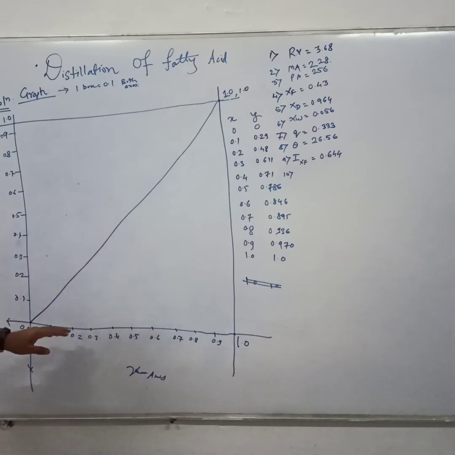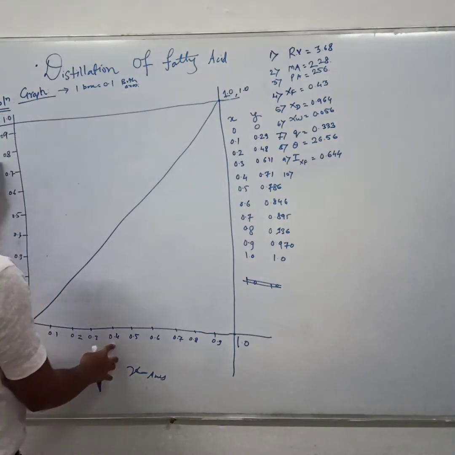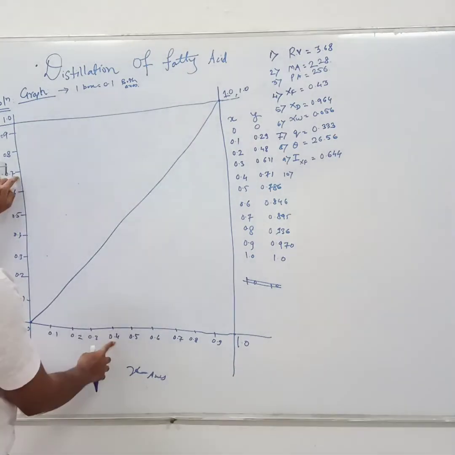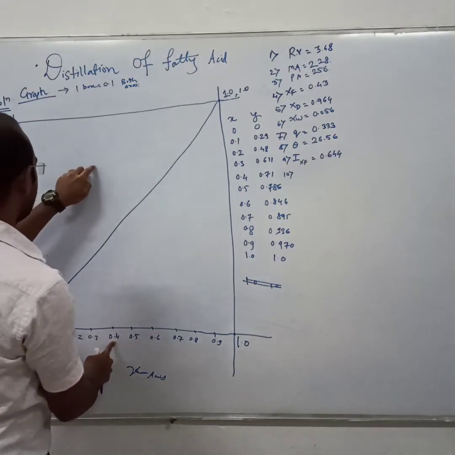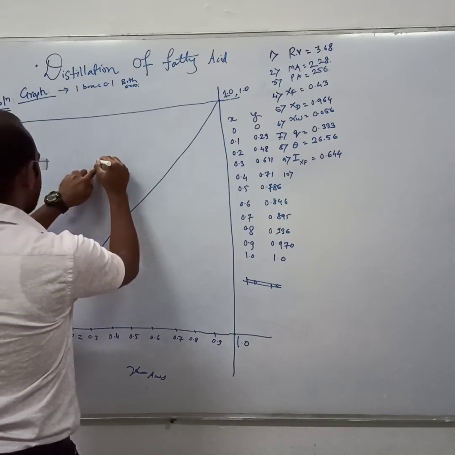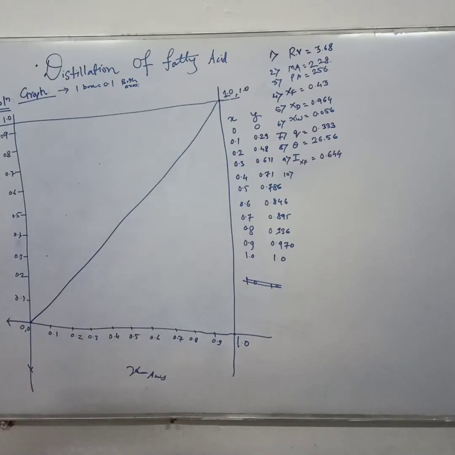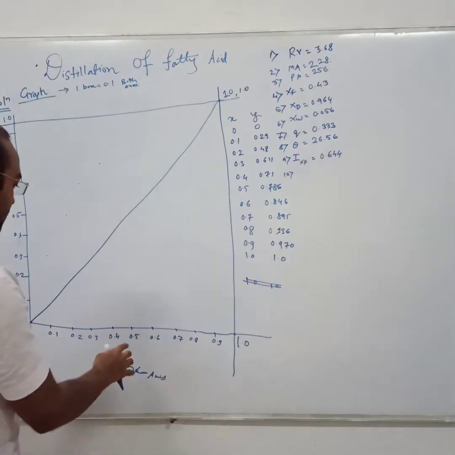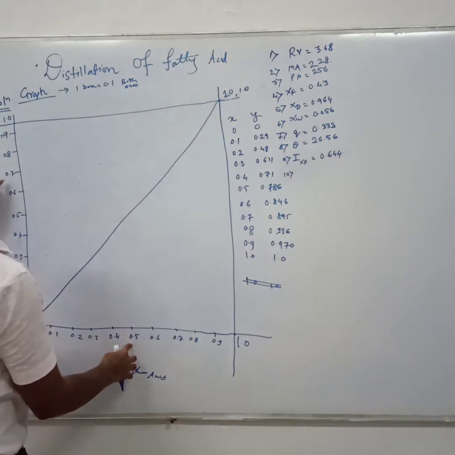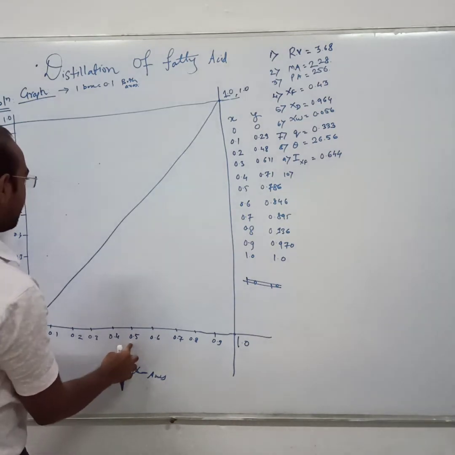So somewhat here we get the third point. For point 4 it is 0.71, which means 0.7. Now for point 5 it's 0.786, which means 0.79, very near to 0.8.